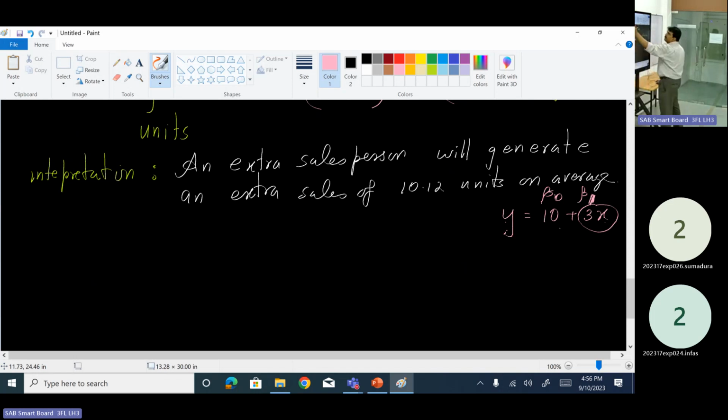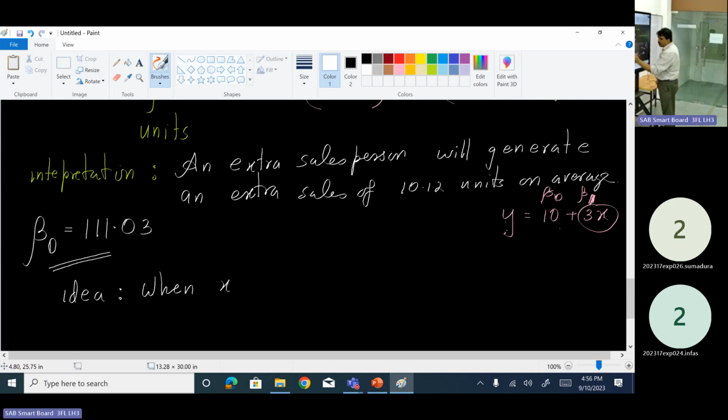So the idea is beta naught, and 111.03. So the general idea, I write first.